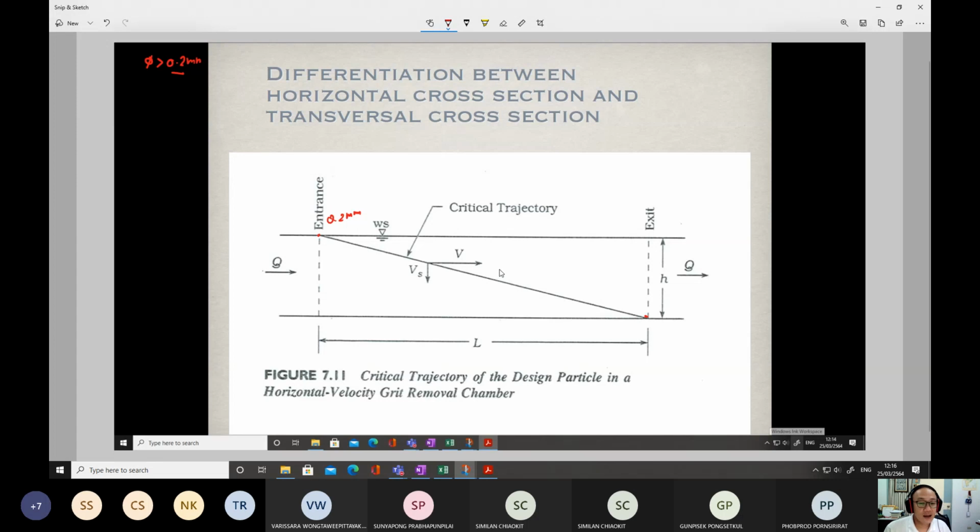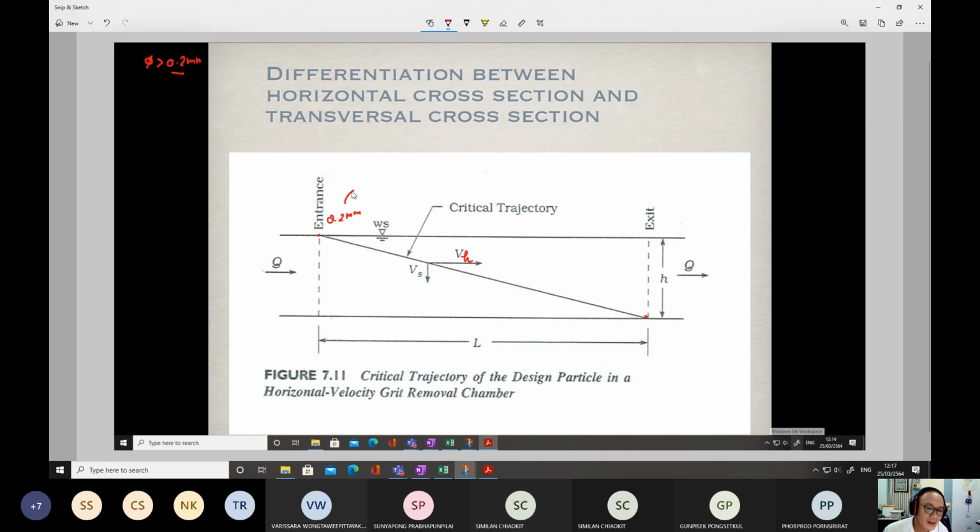This is the trajectory line, showing the movement of these particles, which travel from this position to this position. Finally, it's accumulated at the bottom of the chamber. It reached the bottom, so it will not go beyond the settling zone. We can say that it is 100% removal. This trajectory line is the resultant of the horizontal velocity and the settling velocity.